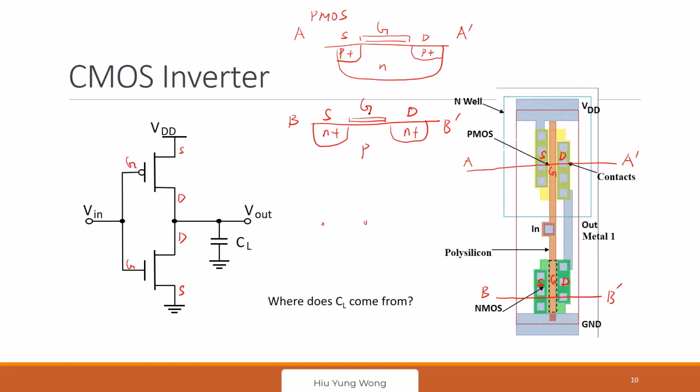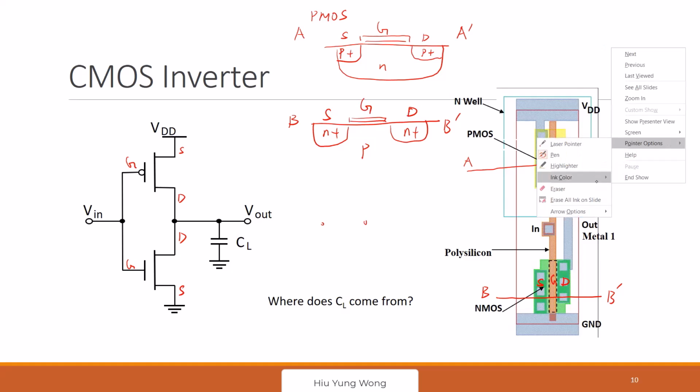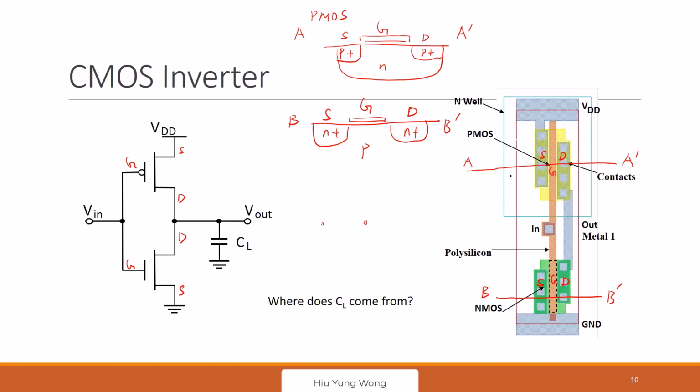Okay. In reality, in the N well and also the P well, we also have a tap, well tap. That you will see when you do the layouts for this assignment, right? You need to connect the tap, which is N plus, to ground.